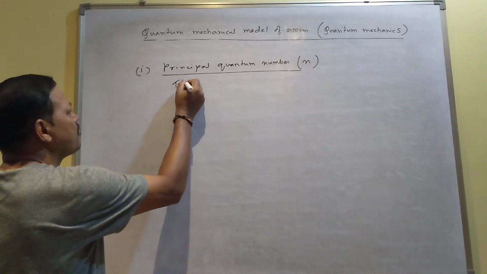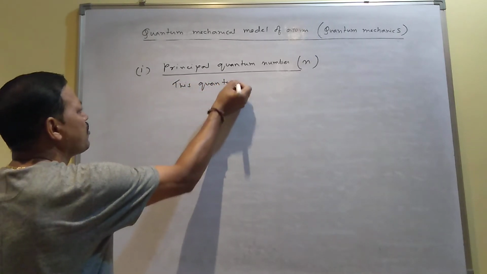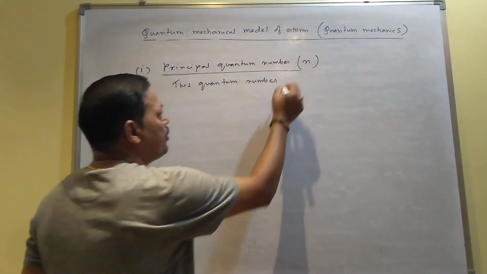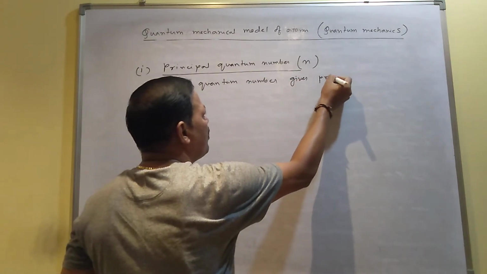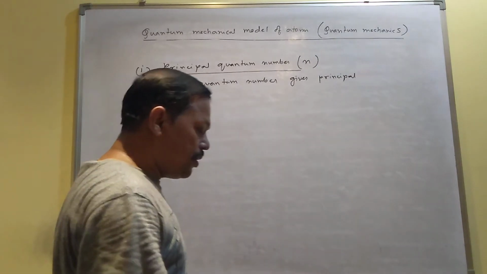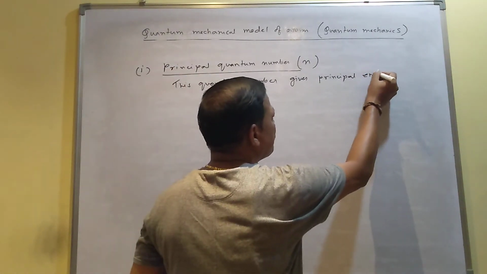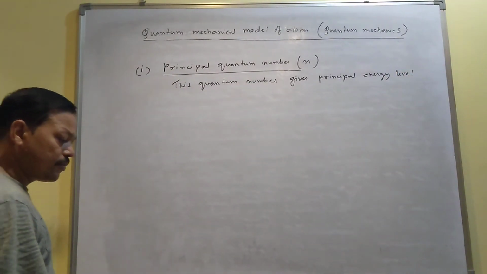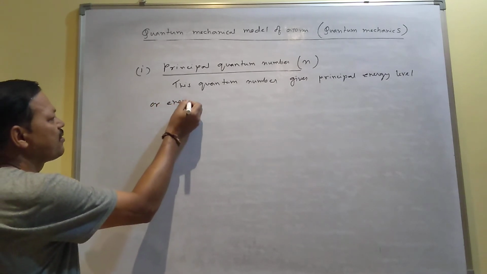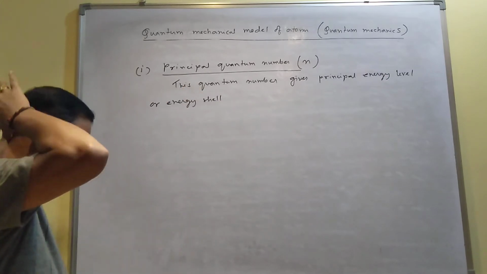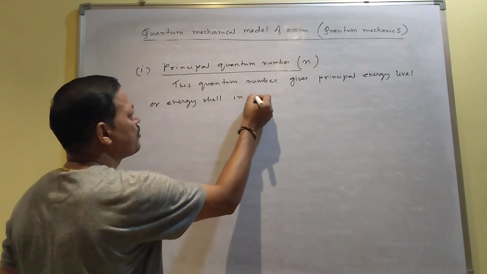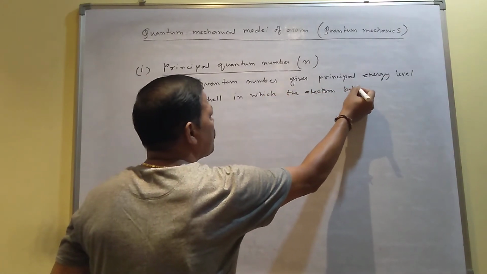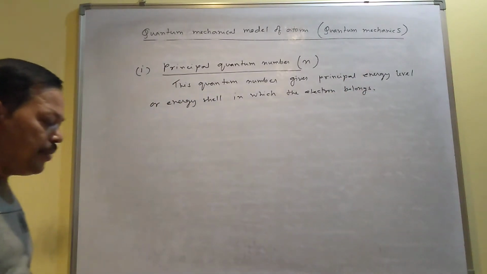This quantum number gives the principal energy level, or you can write energy shell, in which the electron belongs.